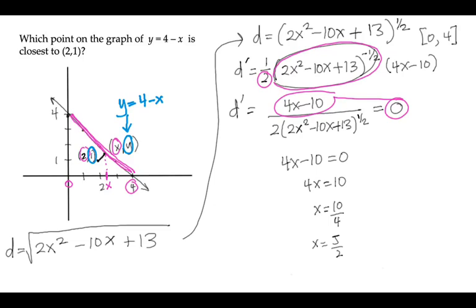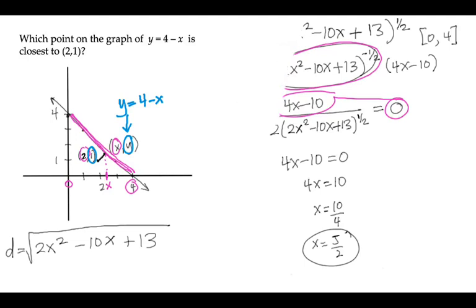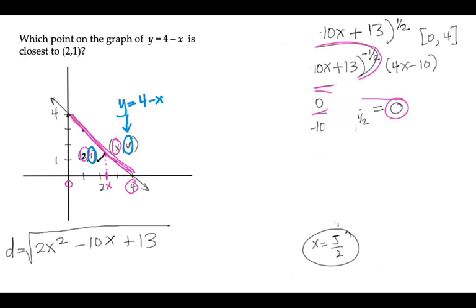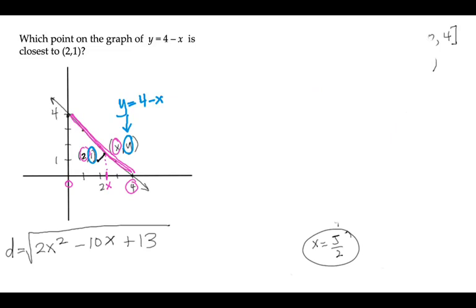Remember that we are going to test that in our distance formula, and we're going to test both of our endpoints from our interval 0 to 4, and we're going to see which one gives us the minimum distance. So let's clear all of that out. I'm going to save my little critical value down there. I'm just going to find my function value at my endpoints.